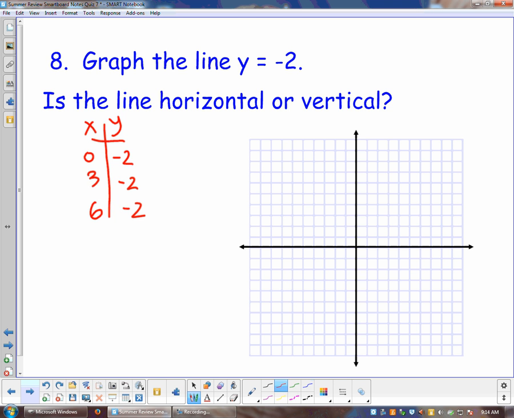So if I plot those points, I get (0, -2) right here, (3, -2) right here, (6, -2) right here, and so we see that that's going to be a horizontal line. So the answer here is horizontal, and this is our graph, a nice horizontal line.